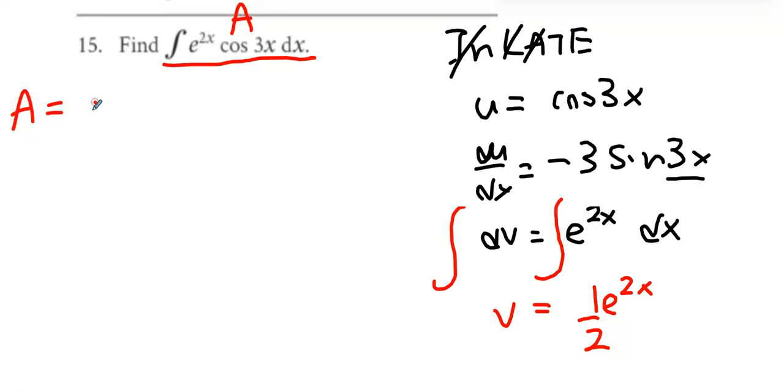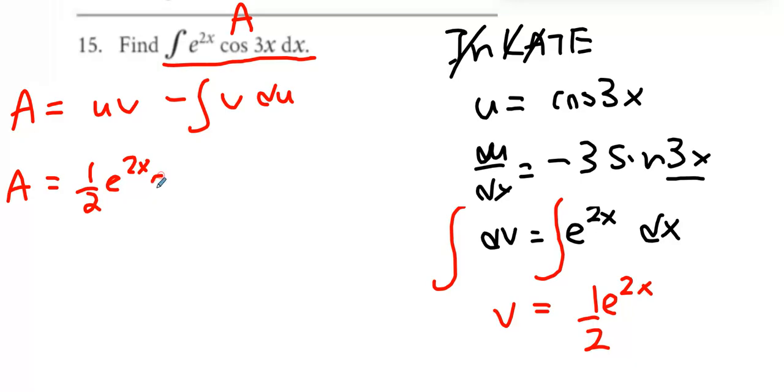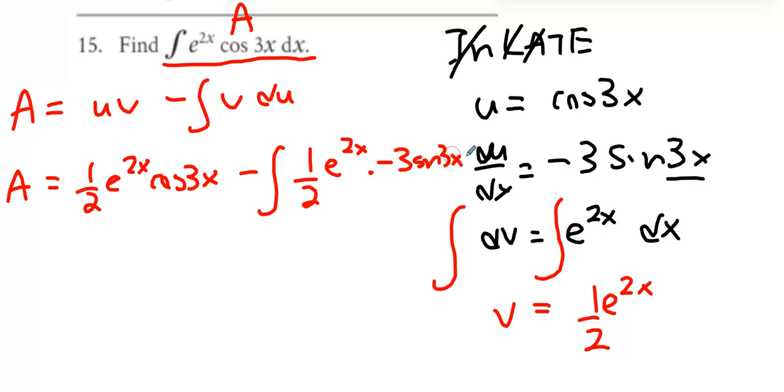And A equals uv minus the integral of v du. So we're going to say half e to 2x cos 3x minus the integral of v du, so it's a half e to 2x, and then it's minus 3 sine 3x.